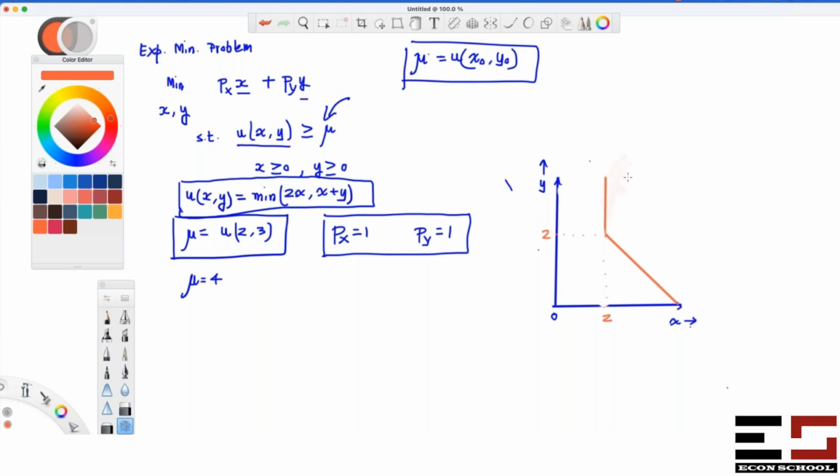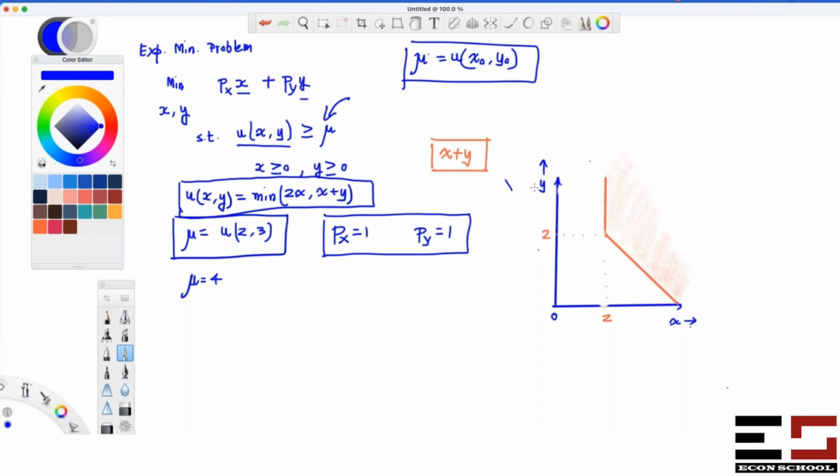You want to find a point in this region that minimizes your expenditure. And what is your expenditure? Expenditure is given by x plus y, right? That's the expenditure. So basically, plot the ISO expenditure curve.